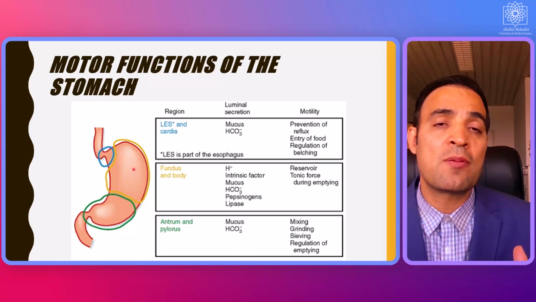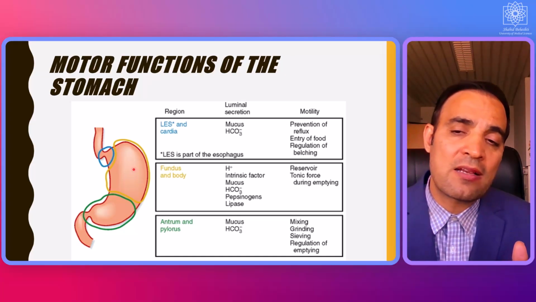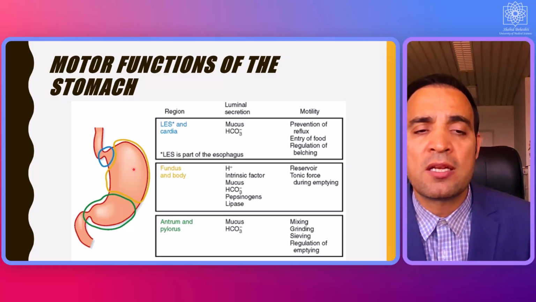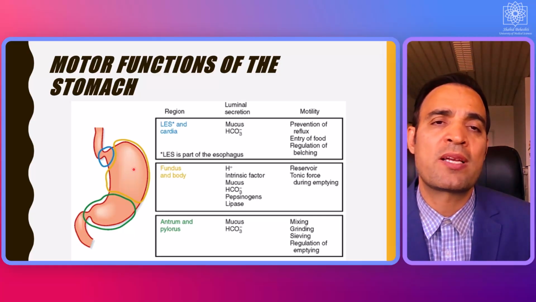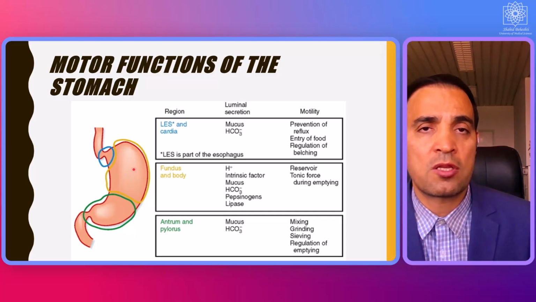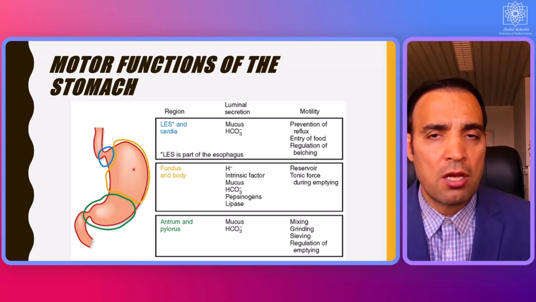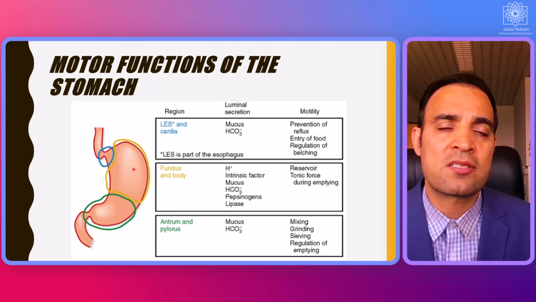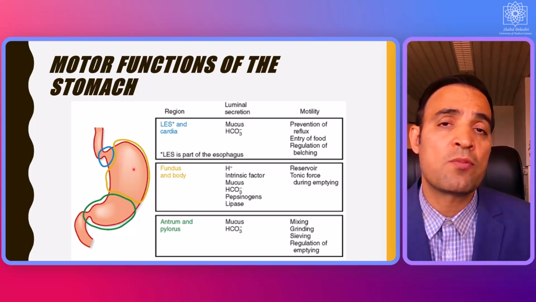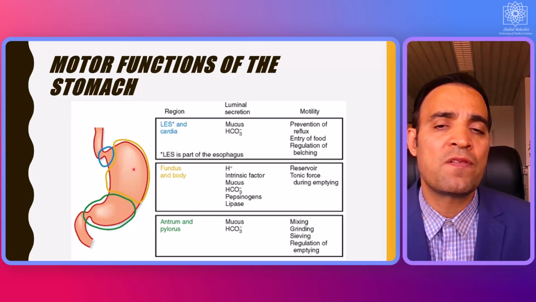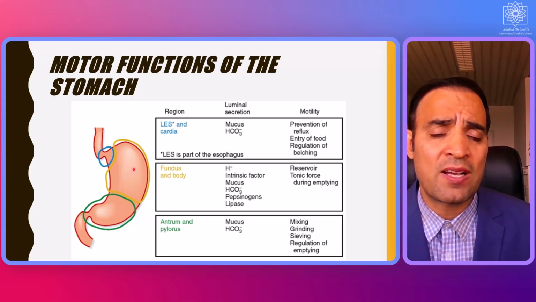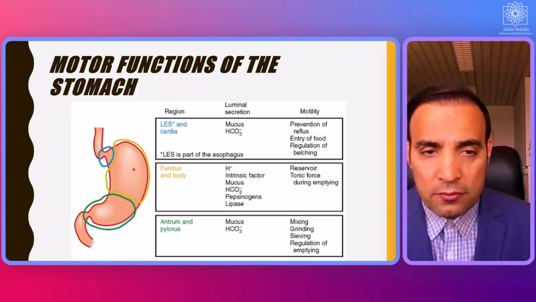This part is also able to contract and generate enough force to empty the stomach into the intestine. Therefore, this part has the motility and motor function. And as I told you, and I will discuss in other sections, this part is also very important in the secretion of different enzymes and factors such as acid, intrinsic factor, and enzymes.